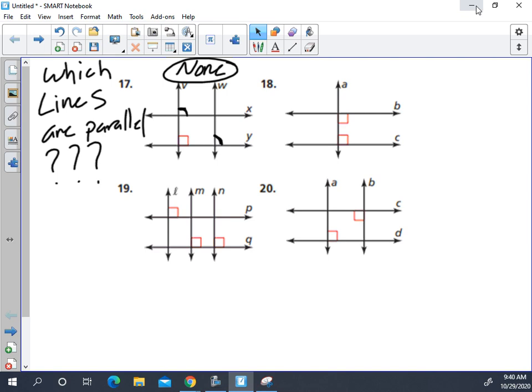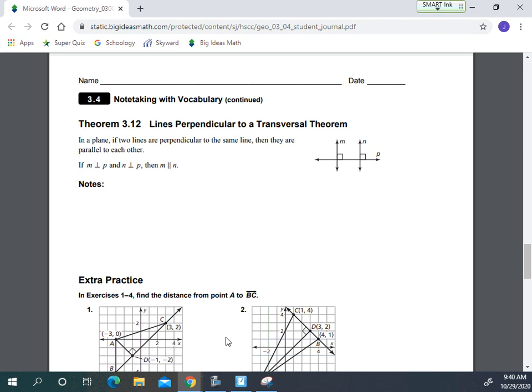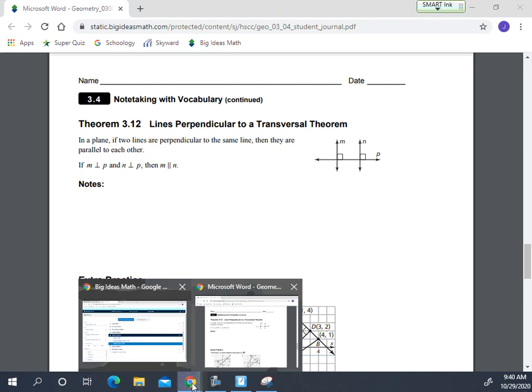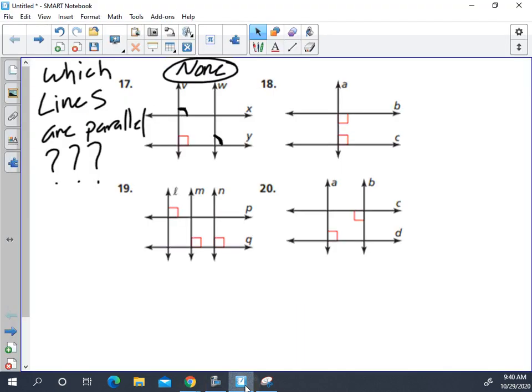Okay, how about this one? Number 18. Back in our theorem, if we have two lines and they're both perpendicular to the same line, they're perpendicular to their transversal, then they're parallel.